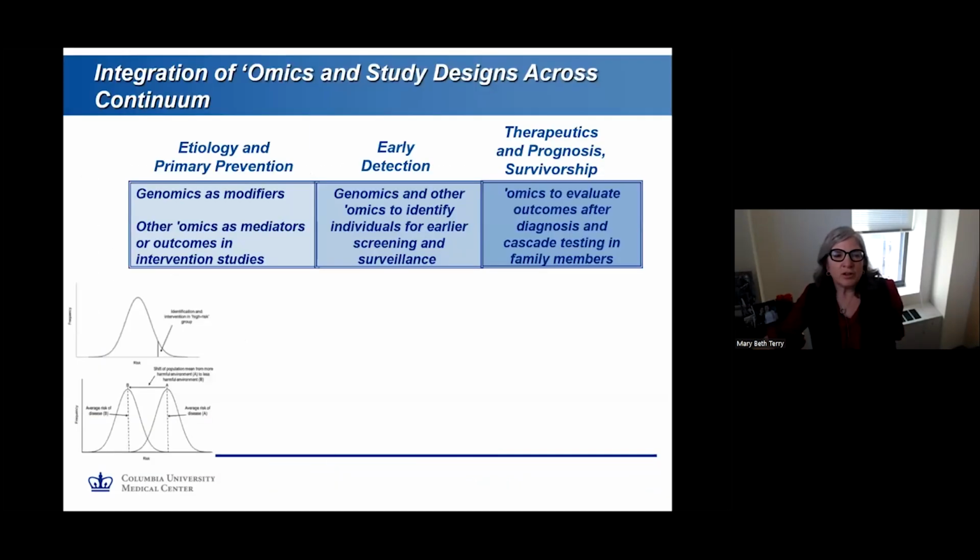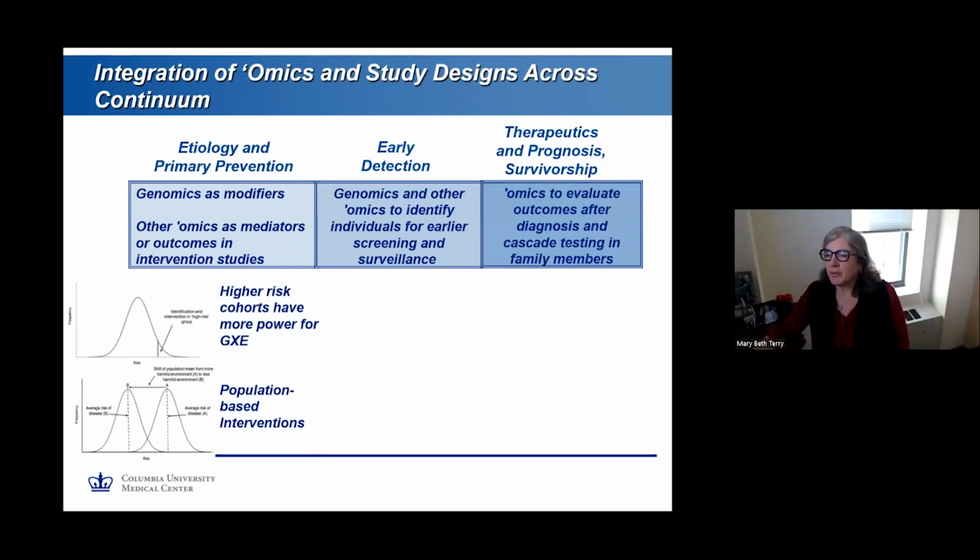I'd like to conclude by discussing some of the designs that may be useful as we move across the cancer control continuum. When we think about etiology and primary prevention, I would argue that we need to think both about higher risk cohorts that have more power to detect germline mutations in earlier life, and that if we are going to have older cohorts, we definitely need to factor in susceptibility from acquired mutations and other alterations.